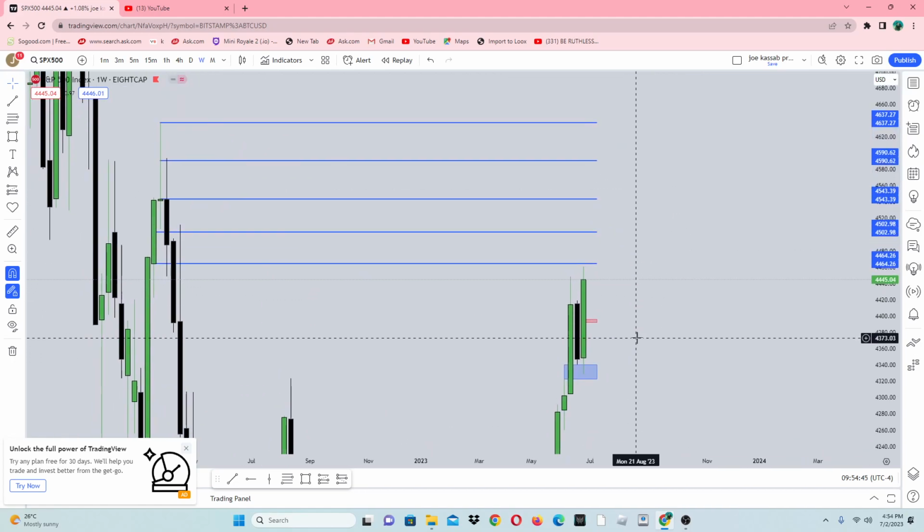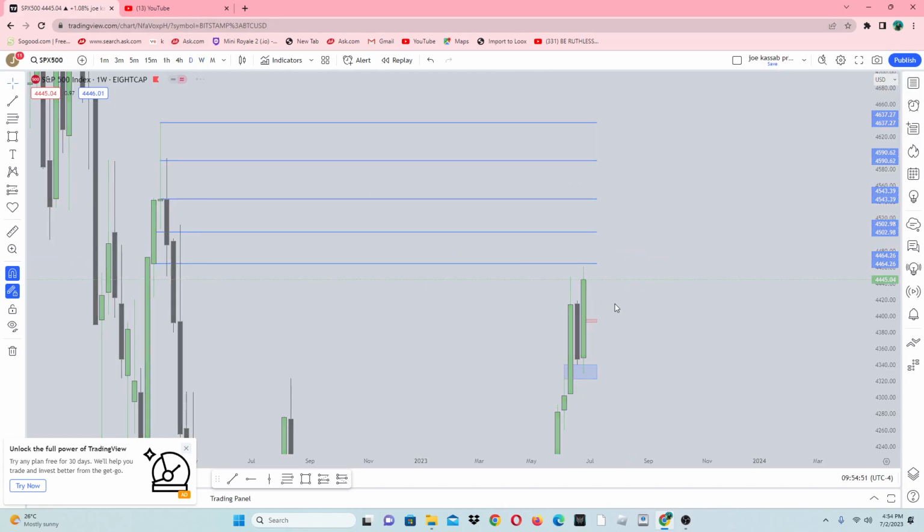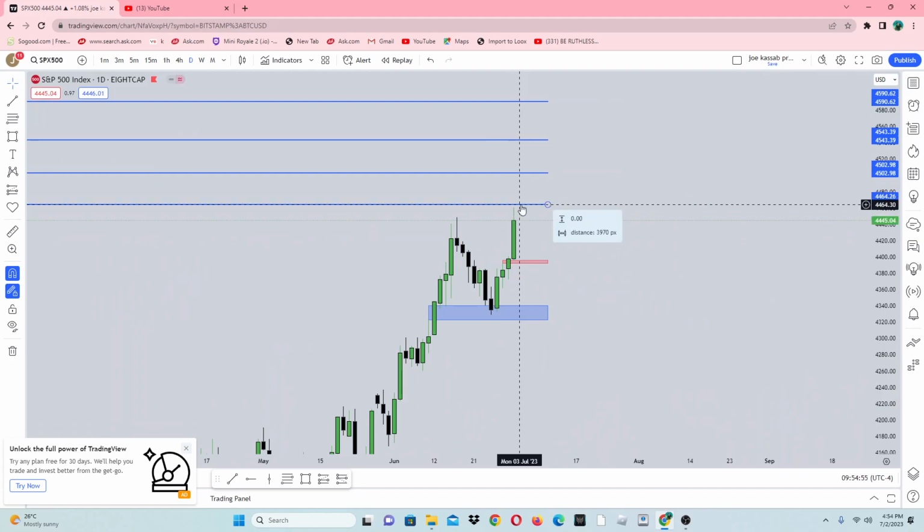So when price hit the order block the next day, let's go to the daily. Price hit the order block Tuesday, I do nothing. I anticipate Monday to be bullish.